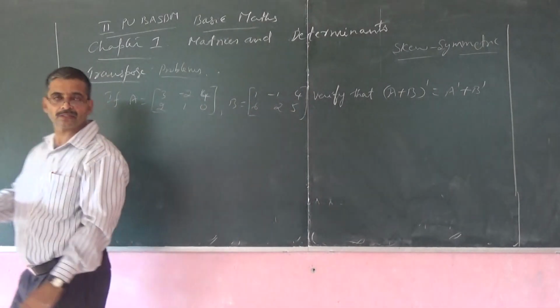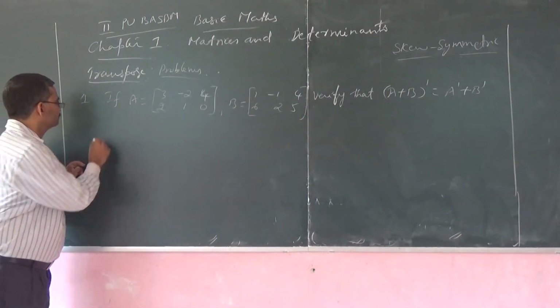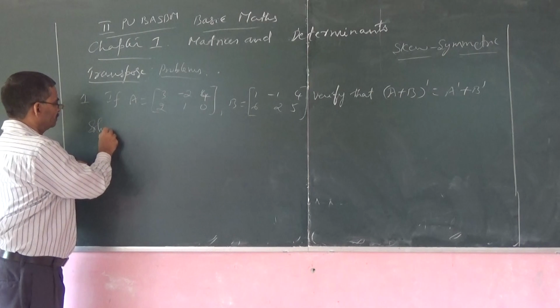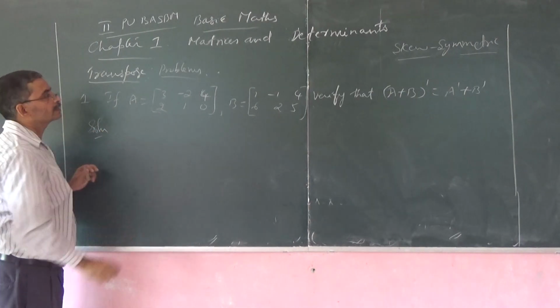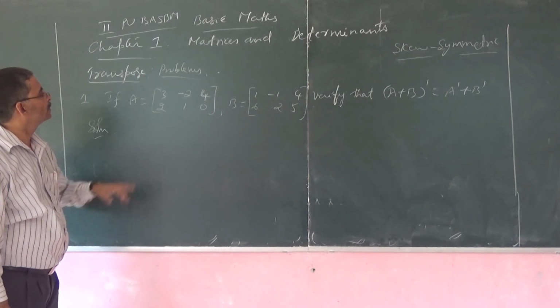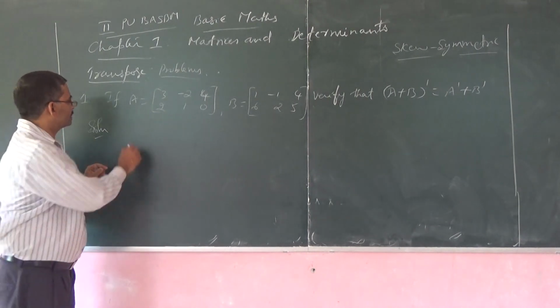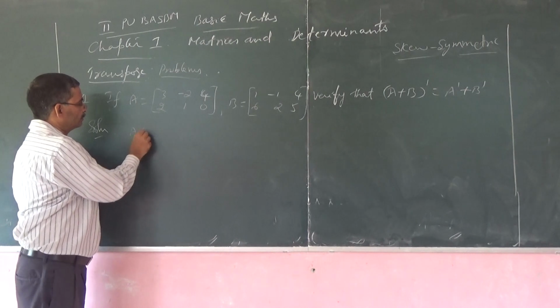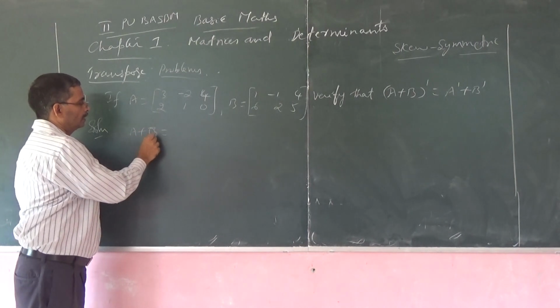So the solution. First, (A plus B) dash. Now A is here, so what is A plus B? A plus B equals, add the two. Addition is direct.